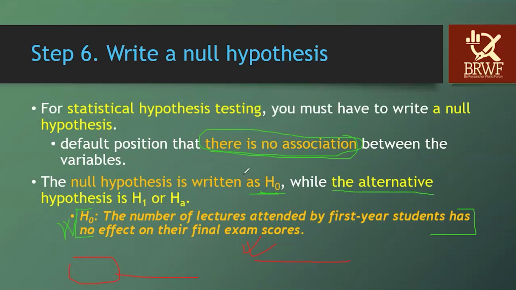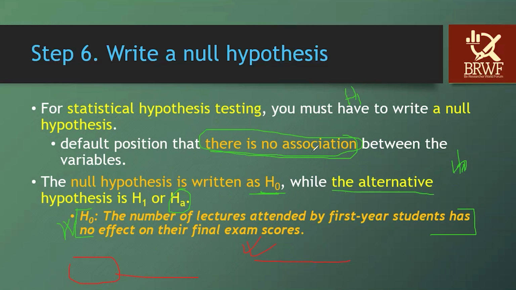The original hypothesis is written as H1, or the alternate hypothesis. Sorry, I just mixed up. I am correcting myself. I said the null hypothesis will be H0 and the original hypothesis is called the alternate hypothesis. I was correct, but in the middle I was wrong. So forget that part. Now I am repeating again.